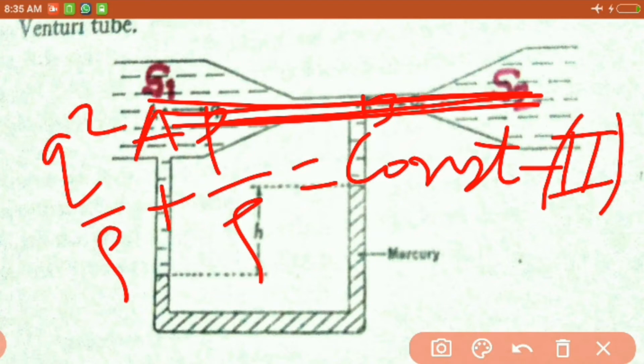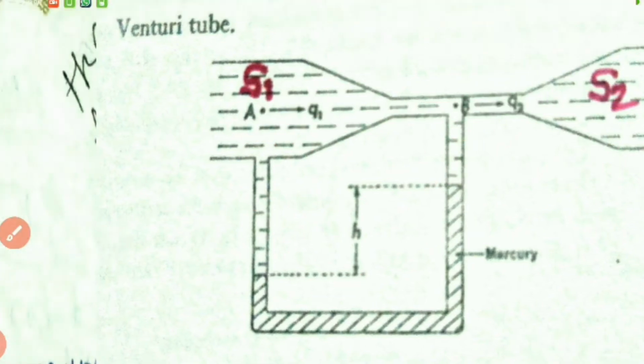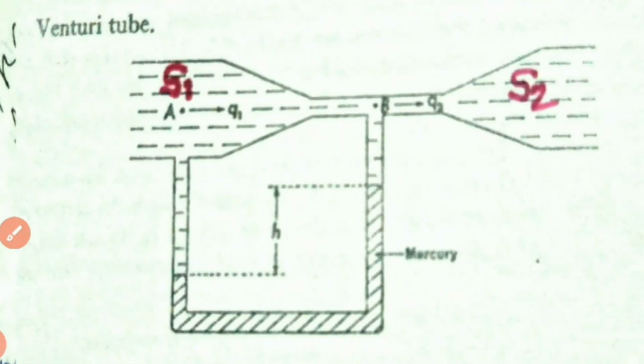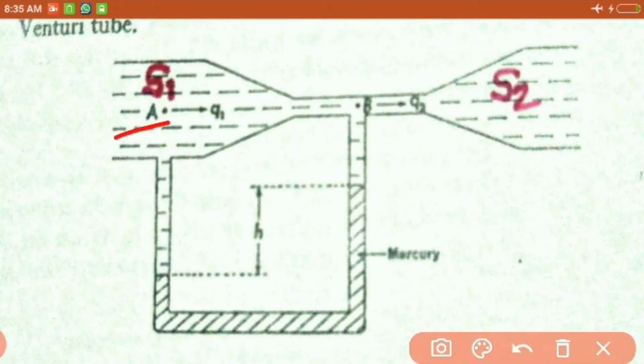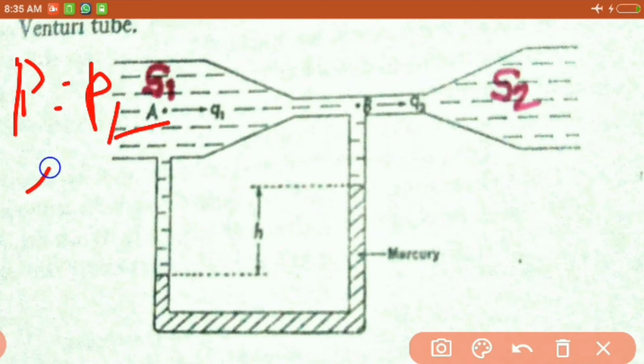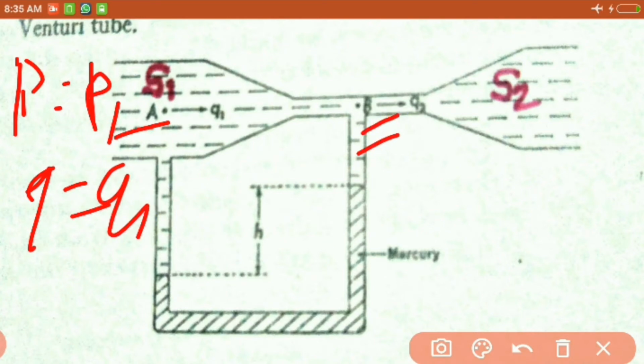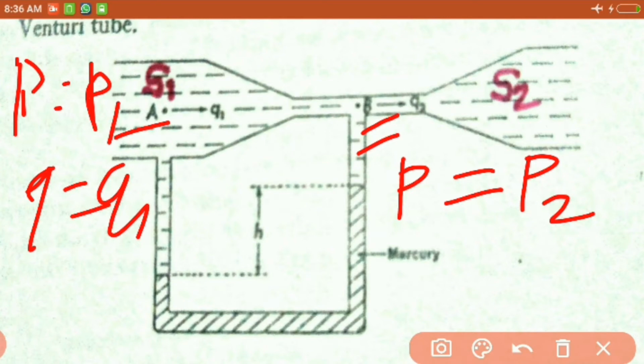At point A, P is equal to P1, Q is equal to Q1, and at point B, P is equal to P2 and Q is equal to Q2.